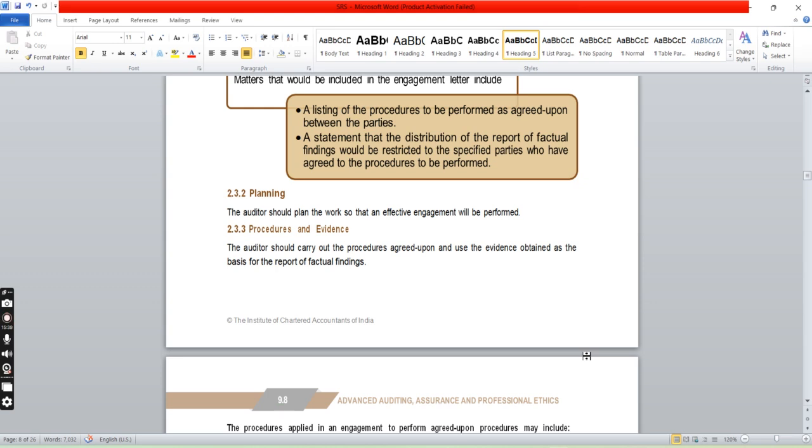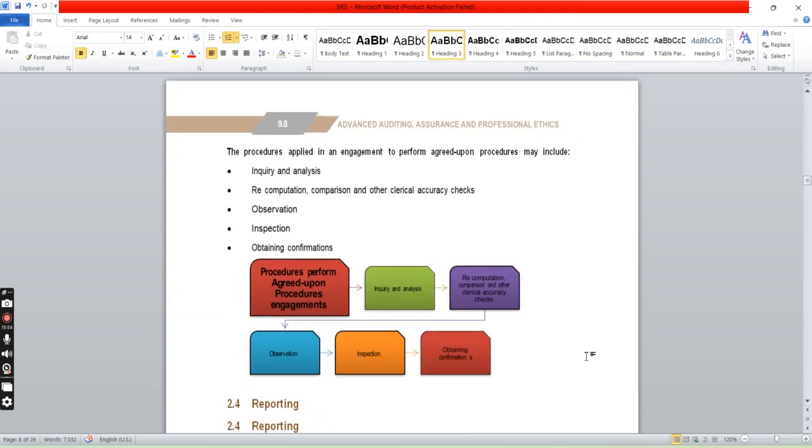जो auditor है वो plan करेगा the work so that an effective engagement will be performed. Then comes the procedures and evidence. तो auditor जो है should carry out करेगा what will be the procedures agreed upon and the use of evidence obtained as a basis for report of factual finding. जो भी procedures applied होंगे in an engagement to perform the agreed upon procedures may include inquiry and analysis, recomputation, comparison and other clerical accuracy checks, then observation, inspection, obtaining confirmation.